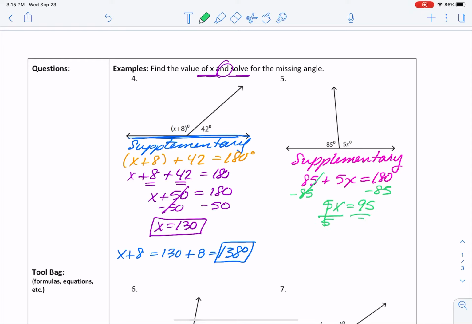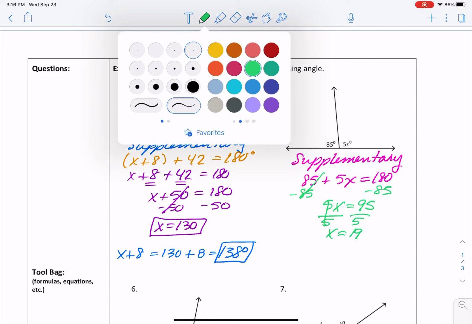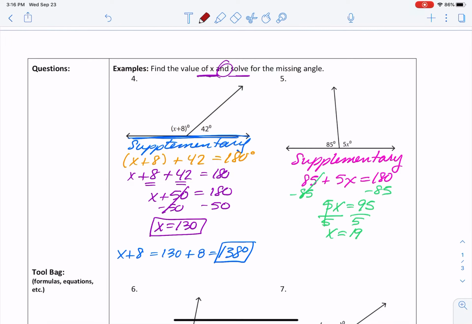We'll divide by 5, and I get that x is 19. For the final part, to solve for the angle, 5x equals 5 times 19 equals 95 degrees.